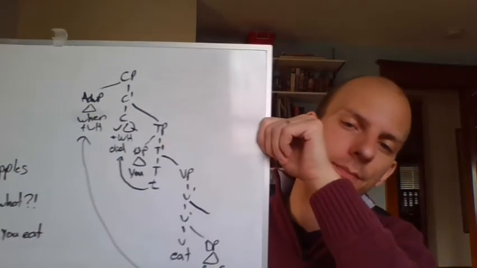So we're coming up with a comprehensive theory of movement here as part of our syntactic theory. Hopefully that all makes sense. I think we covered it pretty well. We're going to keep talking about WH questions. These are the basics.